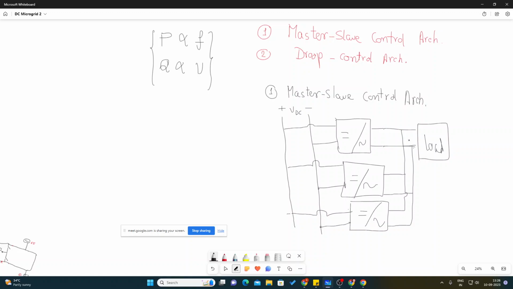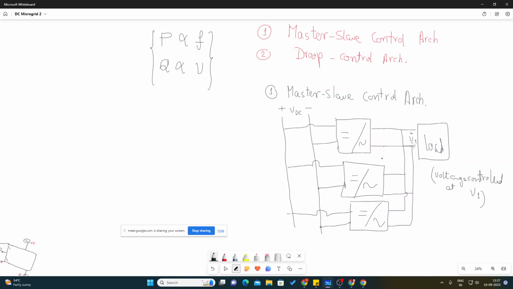Now let's suppose this is my voltage plus minus V1. So I want to control the power flow in such a way that the voltage at which we supply the load should be fixed at V1. So voltage controlled at V1.